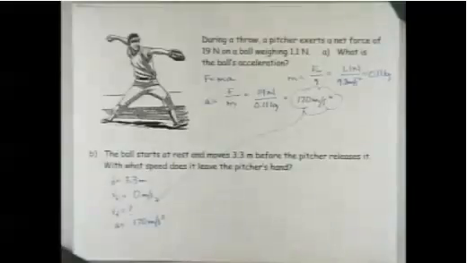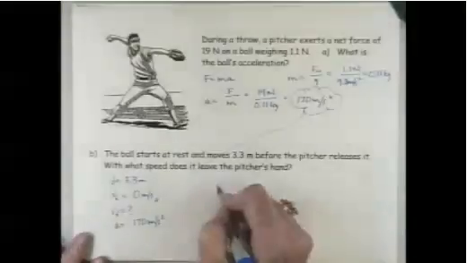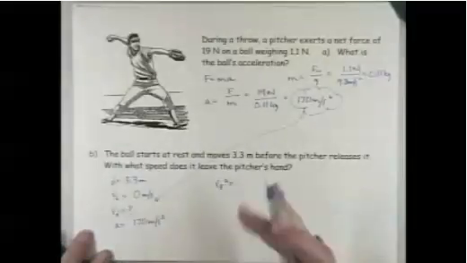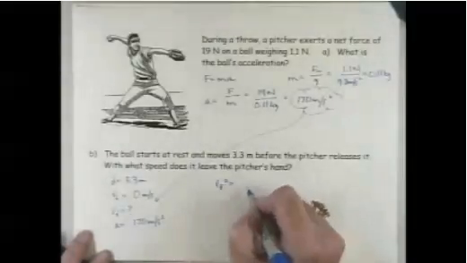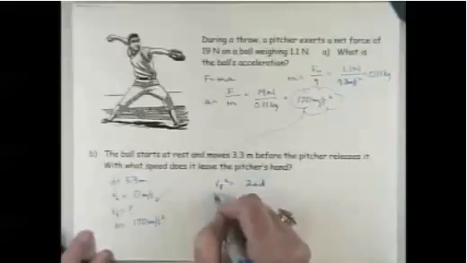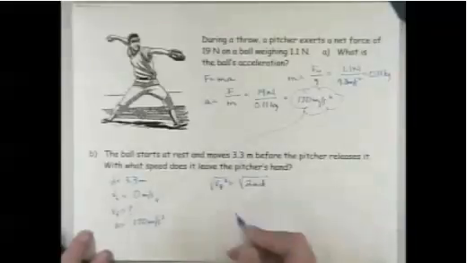Now, which equation will we use? Look in your notes for the three equations, and you will see that number 3 fits what we need. Final velocity squared equals, initial velocity is 0, so we'll simplify it. It equals 2AD. We'll take the square root of both sides.